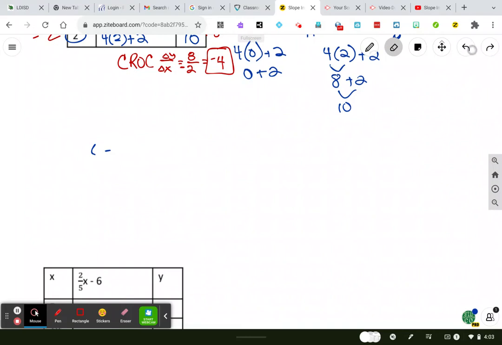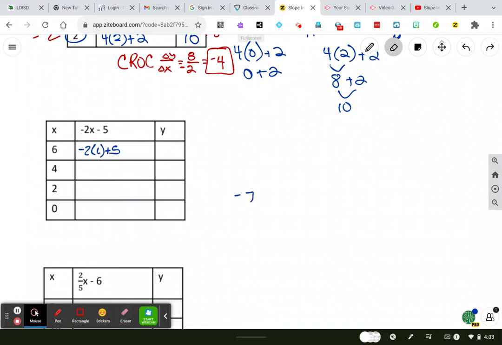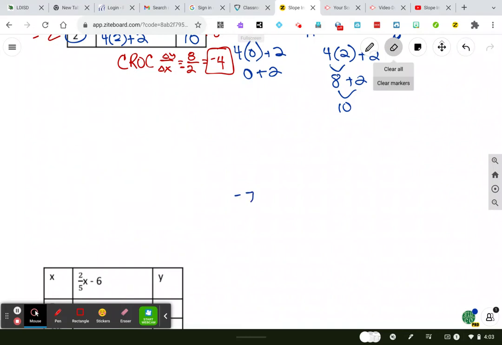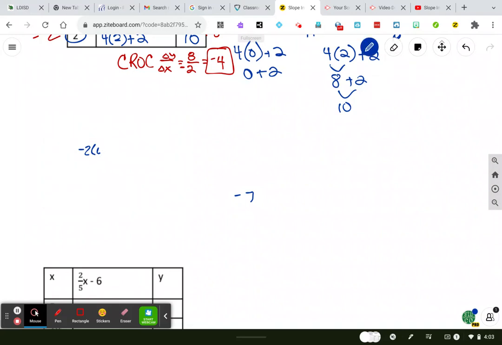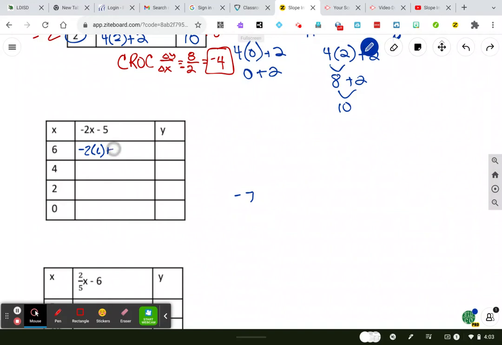Sorry. Okay, negative 2 times 6, and that is actually minus 5. So it's negative 2 times 6 minus 5. That is negative 12 minus 5, which is negative 17.